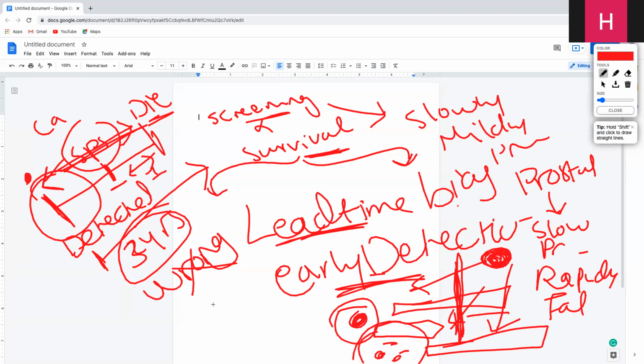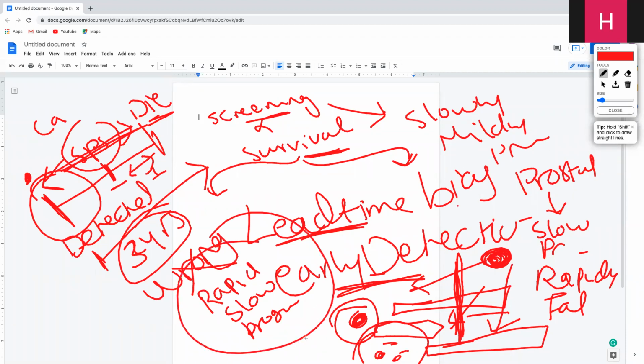So whenever the keyword in the question is a test with rapid versus slow progression of the disease, or the prognosis, anything in this format, this is length time bias. It's not lead time. Usually they confuse us between lead time and length time. Length time is related to the rapidity and severity of the progression of the disease.